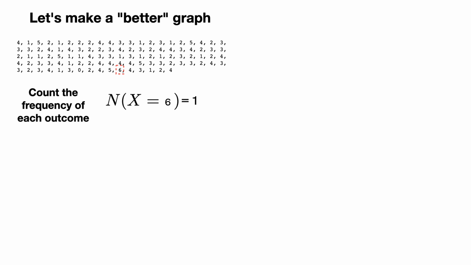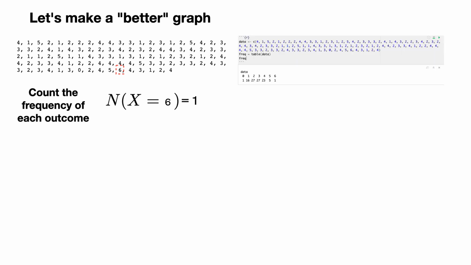Doing this by hand is very boring, so let's get R to do it for us. To do this, we use the table command as shown here. Furthermore, when we output the freq variable that this command gives us, you can see that we get a nice table that shows us that there is 1 0 in the dataset, 16 1s, 27 2s, 27 3s, 23 4s, 5 5s, and 1 6.